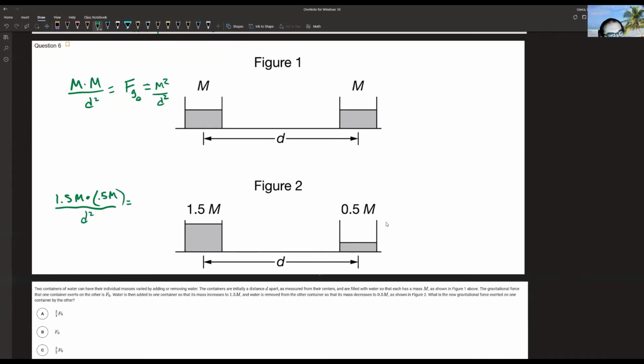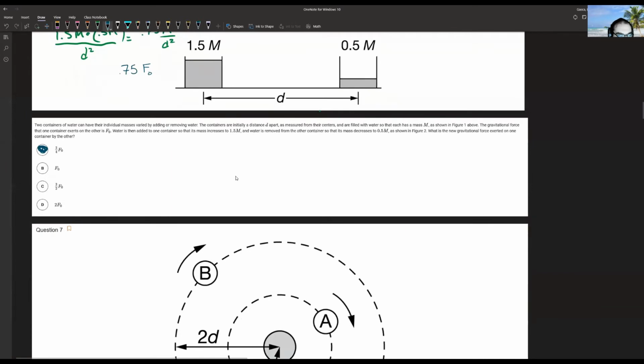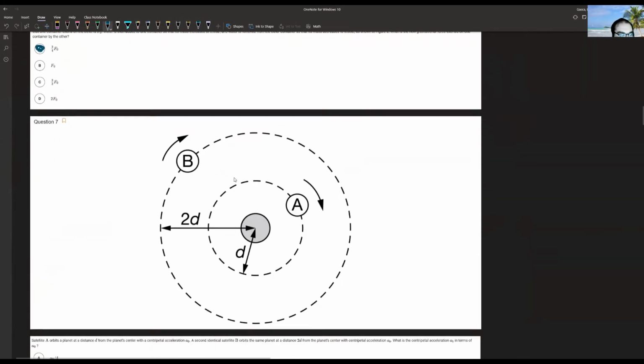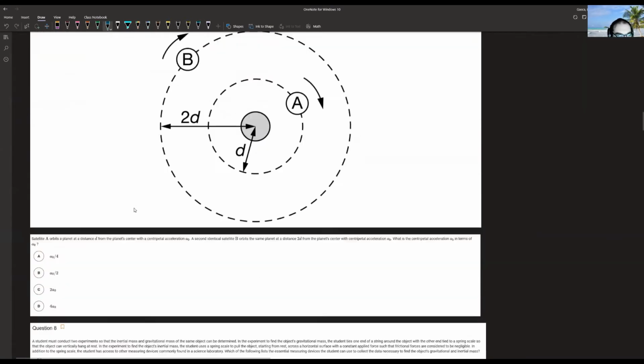And so what we get out of this is half of 1.5 is 0.75 m squared over d squared. And this quantity here was F0. So we get 0.75 F0 in our answer, which is going to be 3/4. Answer choice A is the best one. Let me know if you guys have questions or if that made sense. But I think most of you guys were able to get that one.